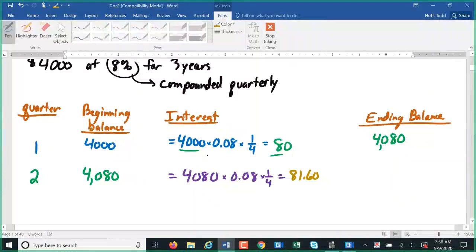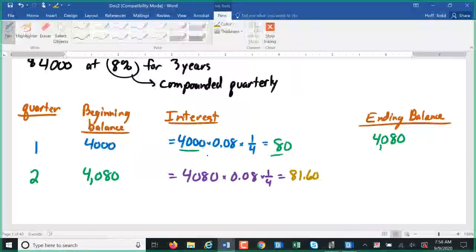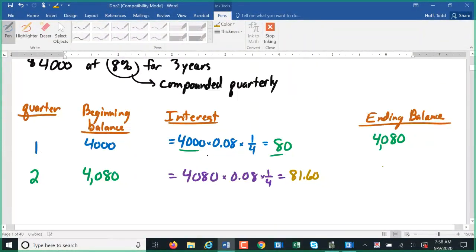Notice the amount of interest for that quarter has gone up already because we had the interest from the previous quarter added to the balance. So this gives us an ending balance of $4,161.60. And as we continue, that $4,161.60 would be our beginning balance for the third quarter.